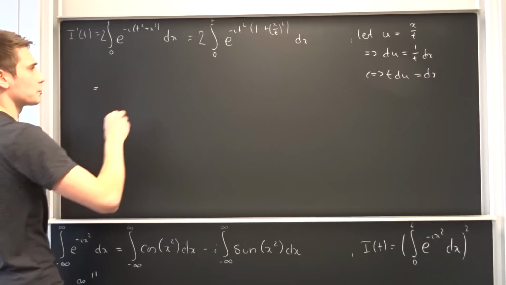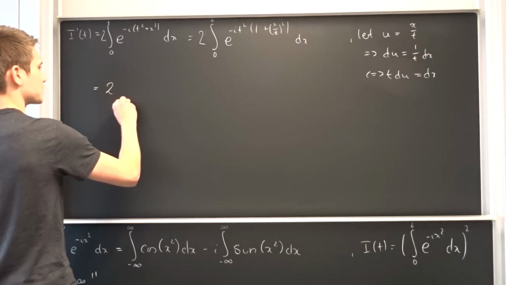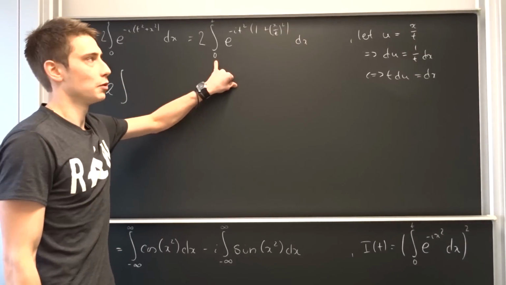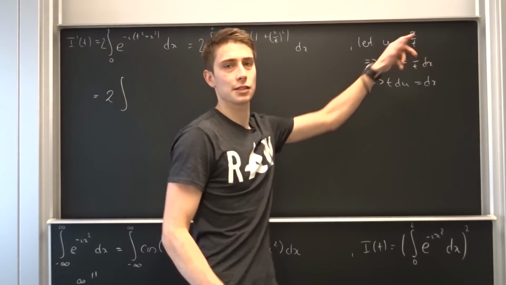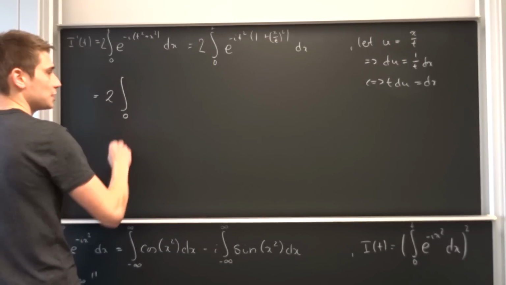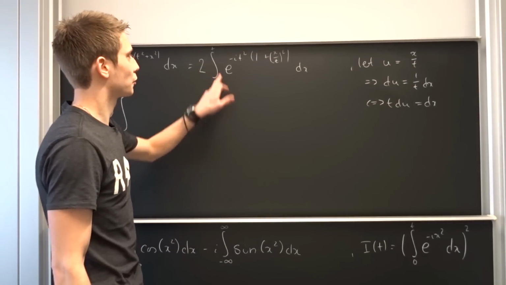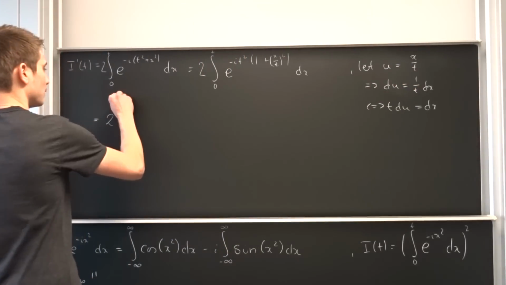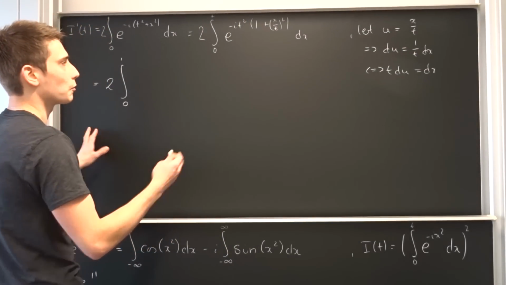So I prime of t equals 2 times the integral of. Okay, now we have to plug in the limits. So if we plug in 0 into this x, then u equals just 0. So that's cool. And if we plug in t into the x, that's t over t, so u equals 1. That's nice. So what else do we have?